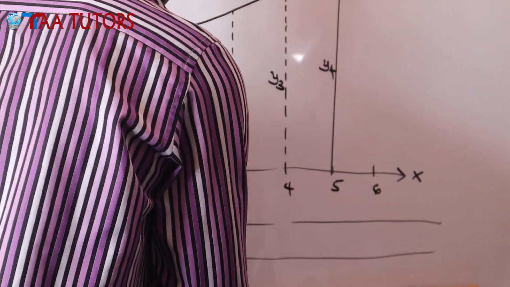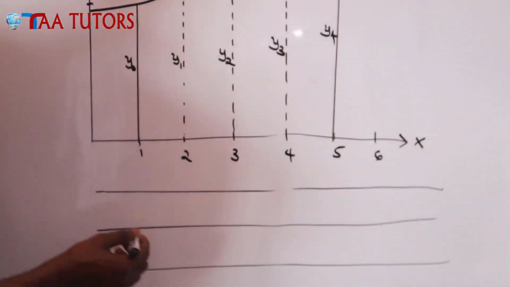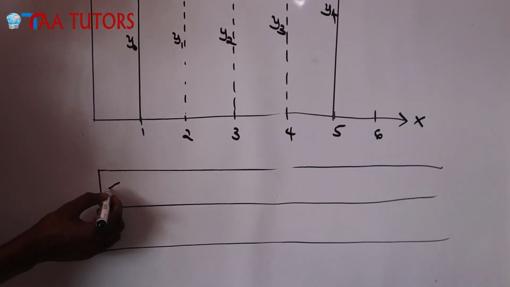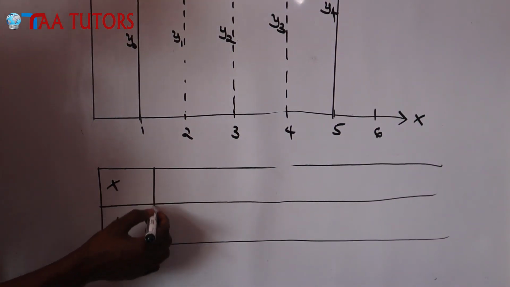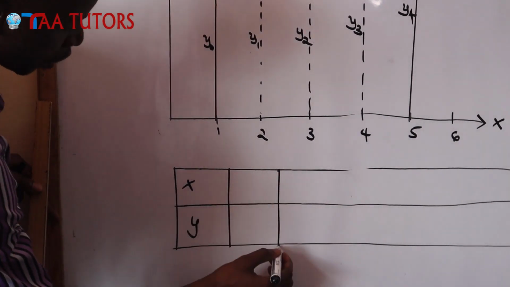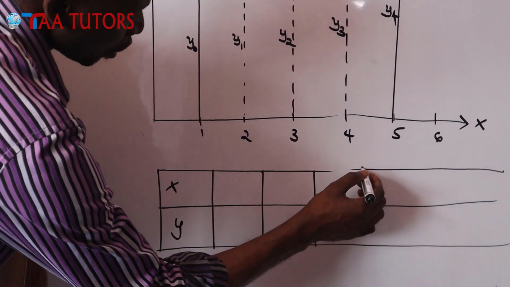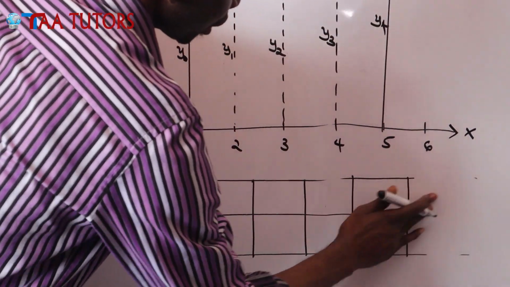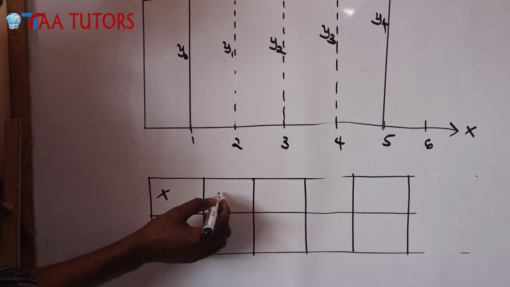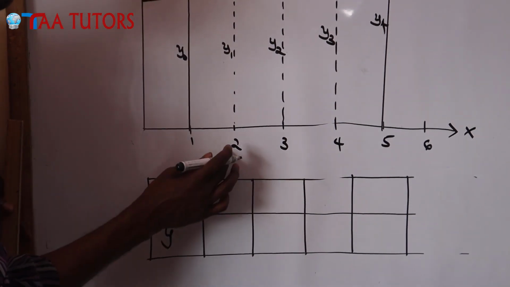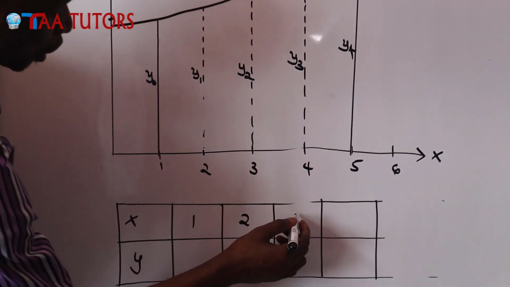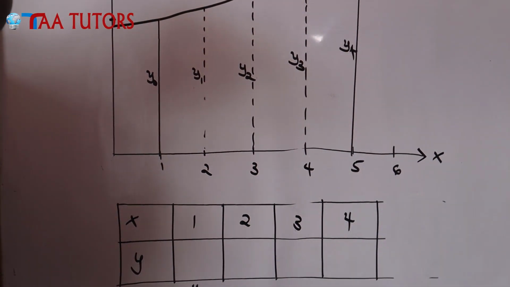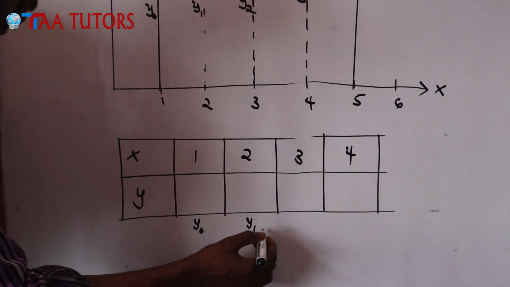We know a table of x and y. So this is x, this is y. 1, 2, 3, 4. So once I have that, x1, I'll start with that because that's the first y. So x1, x2, the second y is there, x3, and x4 there. The y's, this will be my y0, y1.